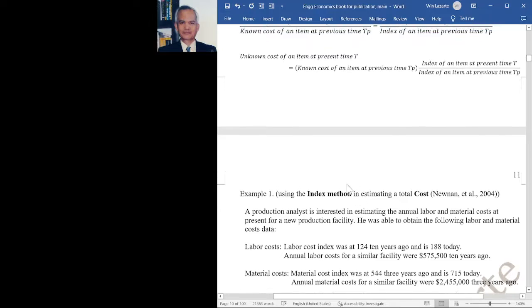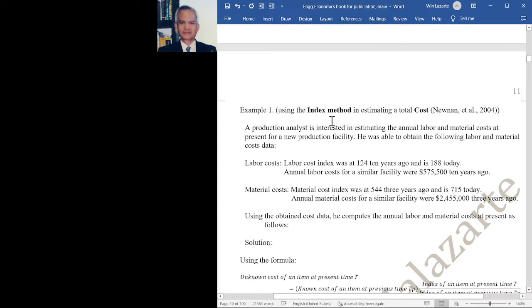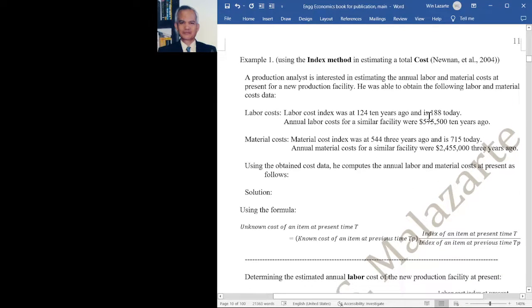For the demonstration on how to use this method, look at this example: using the index method in estimating the total cost. This example was taken from the reference book by Newnan and others.